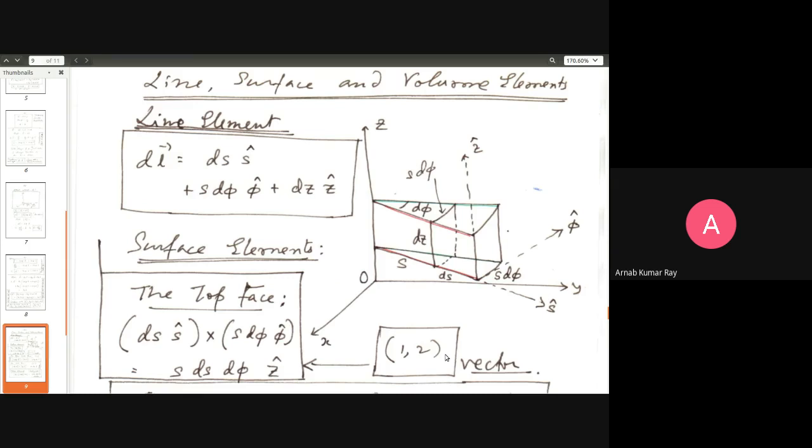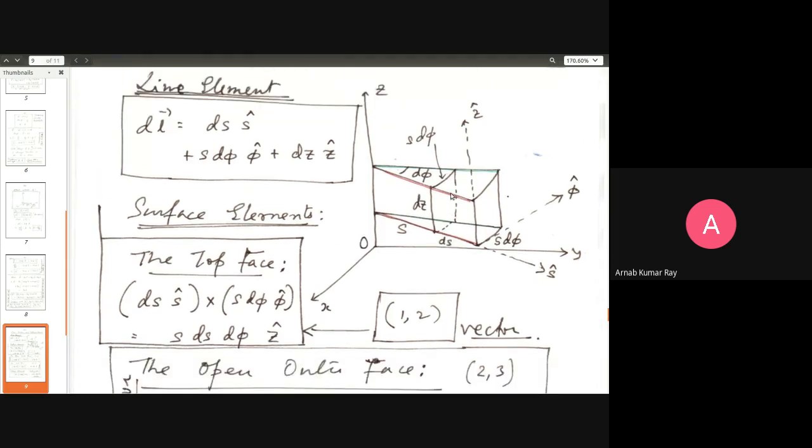Here, the line element is ds. First, let us try to have an understanding of this thing geometrically. For the sake of generality, I'm not keeping this figure confined to the xy plane. Here is the x-axis, here is the y-axis, here is the z-axis. Whatever we are doing is suspended in mid-air somewhere above the xy plane. You have started from the vertical axis z.